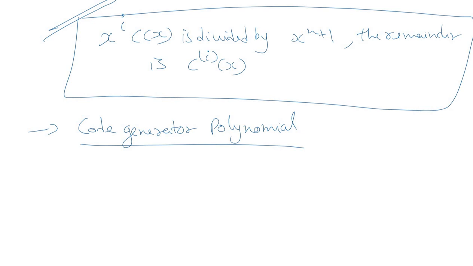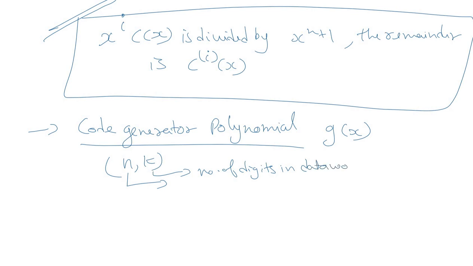This code generator polynomial is represented by g of x, and we assume an (n, k) code. All of you must be familiar by now what we mean by n and k. N is the number of digits in the code word, and k is the number of digits in the data word.